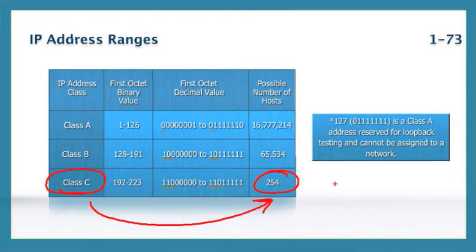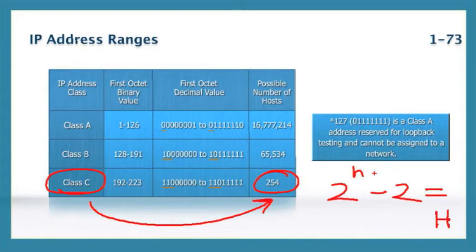There is a magic formula: 2 raised to the number of host bits, minus 2, that'll give you the number of hosts on a network. We'll call this capital H. So 2 raised to the small h, the number of host bits, minus 2 equals the number of hosts that we can have on the network.